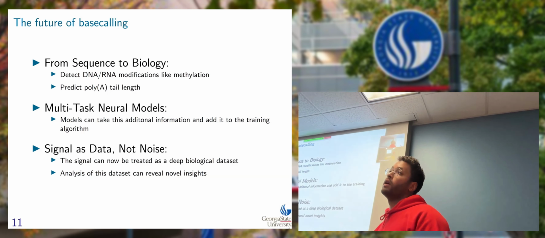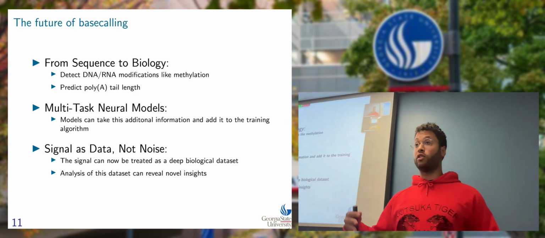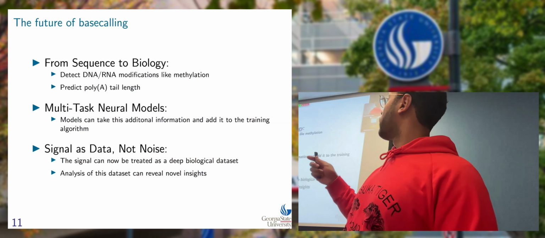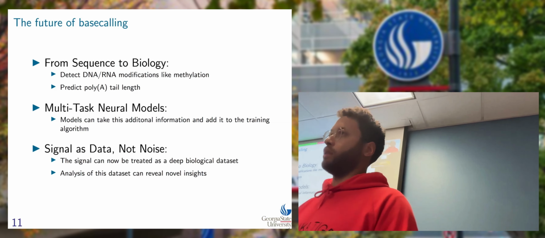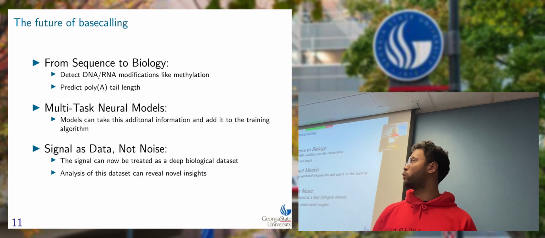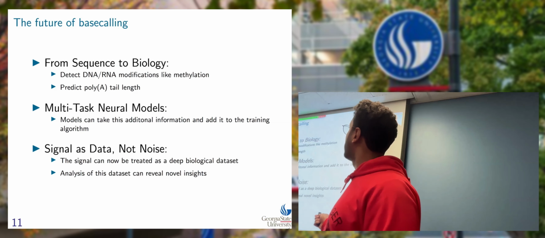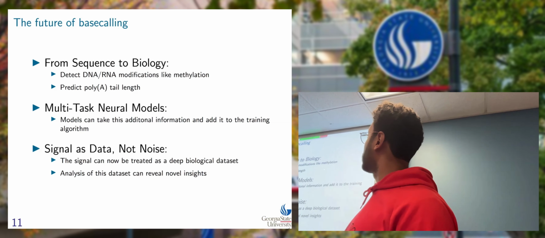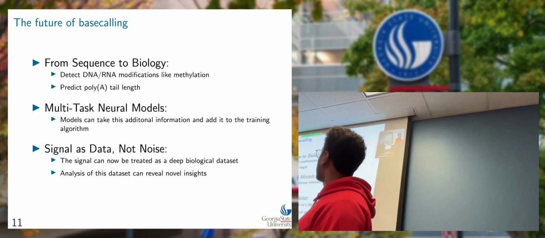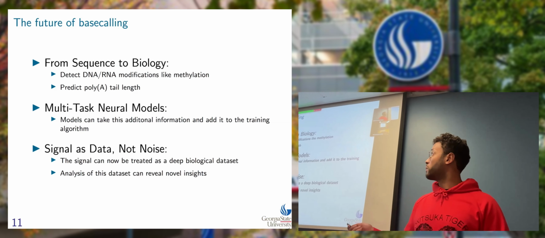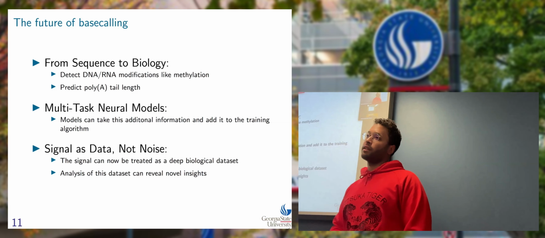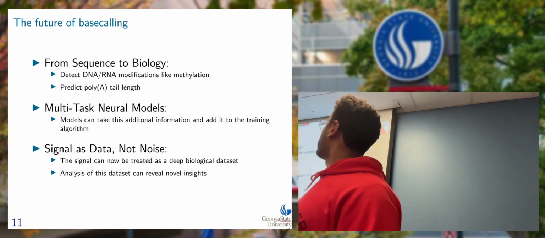From this squiggle, there is a paper that asserts that we can detect more than just the bases from the DNA or RNA sequence. We can determine things like modifications such as methylation, and also predict poly A tail length. I'm not going to act like I know what any of those mean, but we can detect them, right?